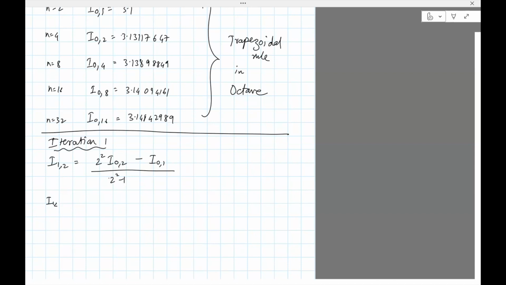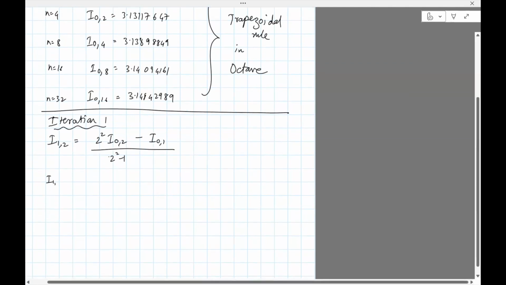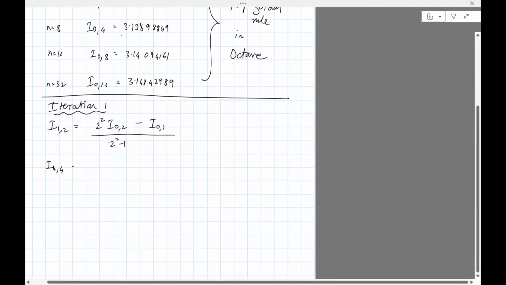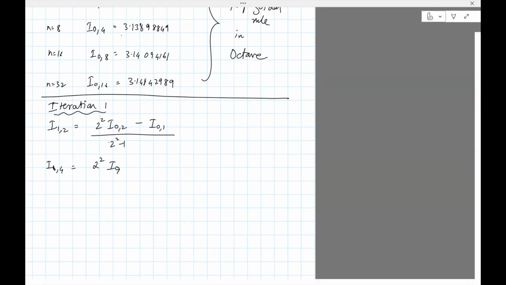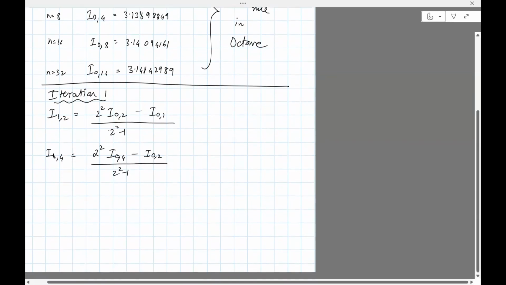Then I1,4 will be (2 squared I0,4 minus I0,2) divided by 2 squared minus 1.